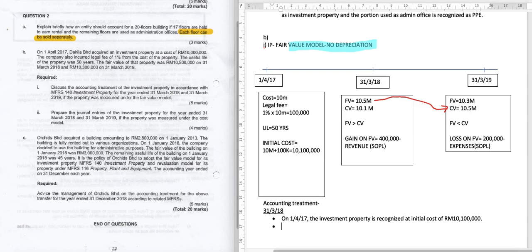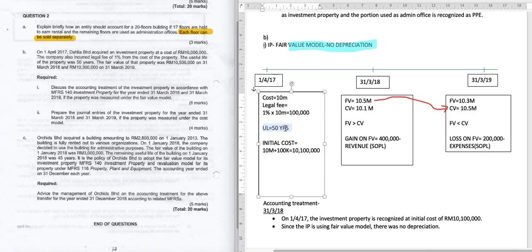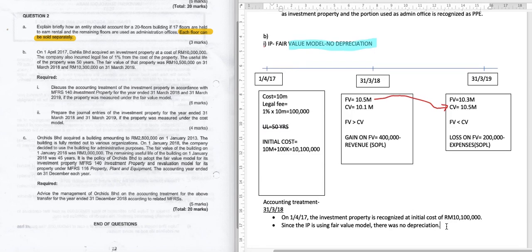Since the company values the IP using fair value model, okay, there was no depreciation. That means here the useful life is ignored. Okay, you don't use that, so no depreciation.